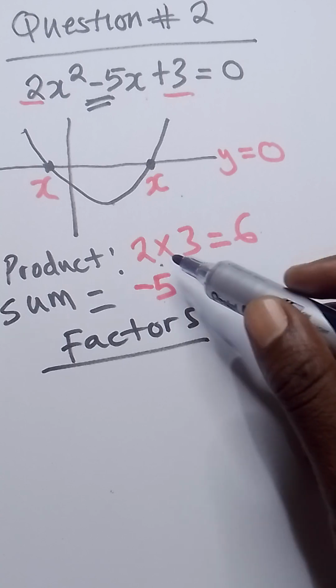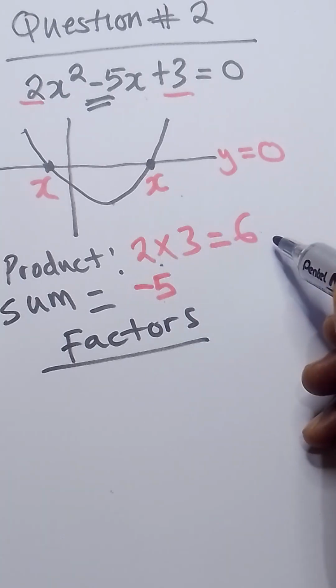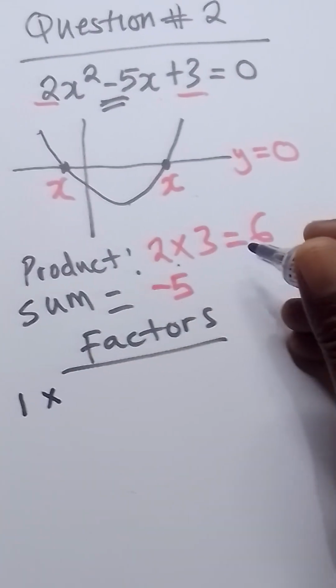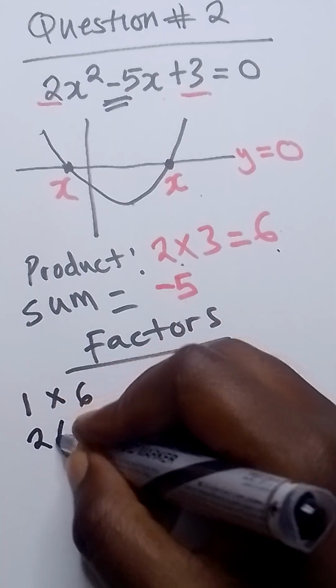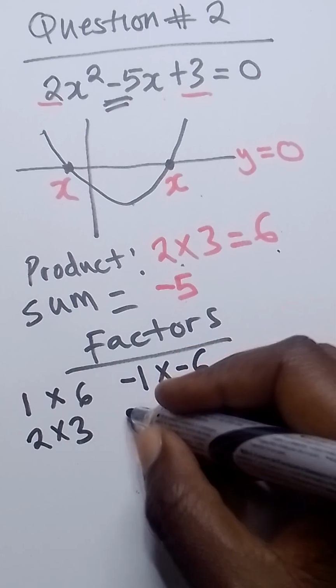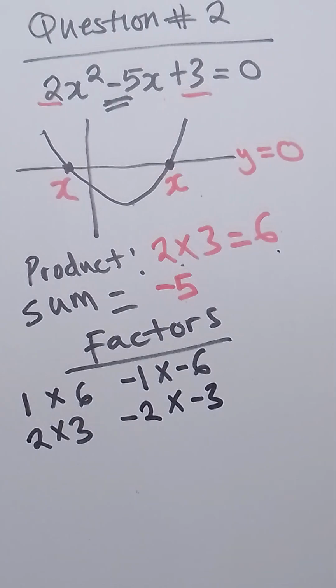You're just trying to find what two numbers can I multiply to get 6. You can multiply 1 times 6, you can multiply 2 times 3, you can multiply -1 times -6, you can multiply -2 times -3.